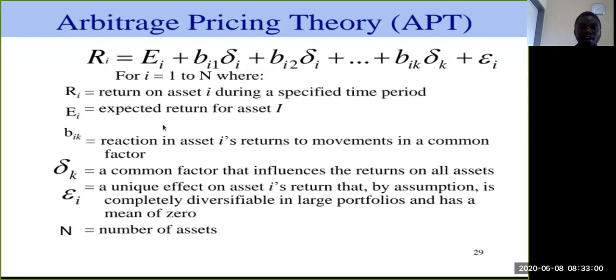And then EI is the expected return for asset I. Then the reaction of asset I's returns to movements in the common factor, a common factor that influences the returns on all assets. And then we've got EI, a unique effect on asset I's return that by assumption is completely diversifiable in large portfolios and has a mean of 0, number of assets N.